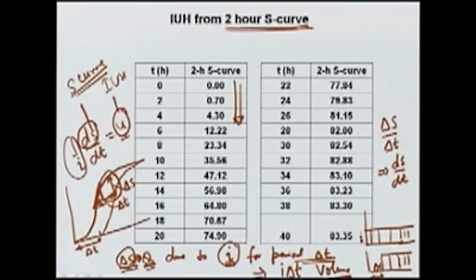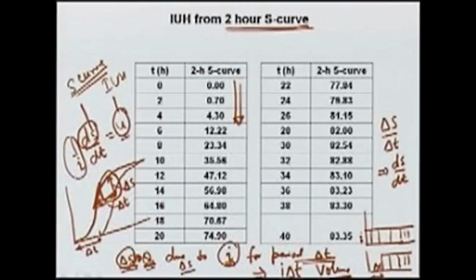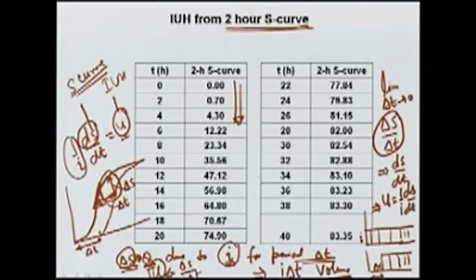Since we want a volume of unity, delta S over I delta t will give us the instantaneous unit hydrograph ordinate u. So, u will be equal to delta S divided by the volume of rain, which is I delta t, and therefore, in the limit delta t tending to 0, delta S by delta t will tend to ds by dt, and therefore, u will be 1 over I ds by dt, which is what is written here.